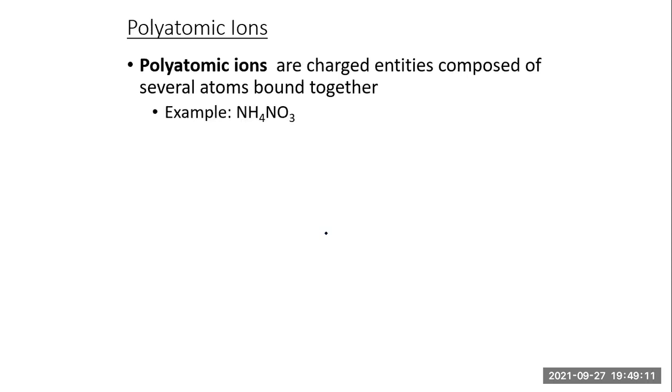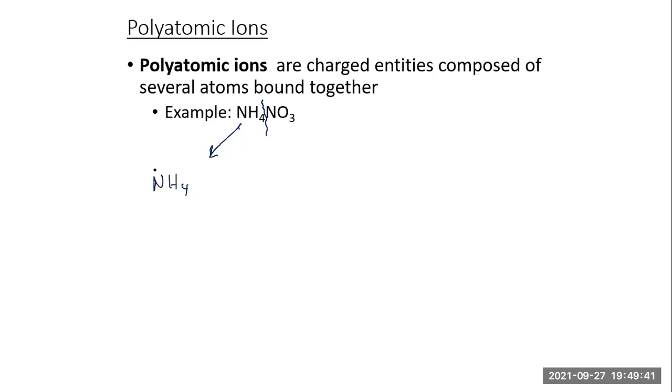And they are kind of strange in the sense that they are groups of nonmetals that are held together by sharing of electrons, but they actually do have a charge. So they're considered ions as well. A couple of important things about that: for example, if we look at NH4NO3 and we split it right about there, this actually contains 2 different polyatomic ions.